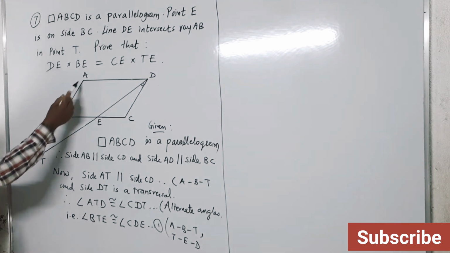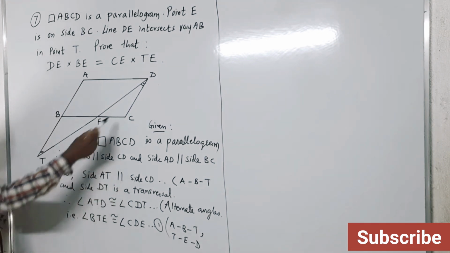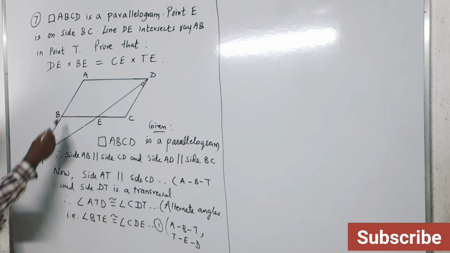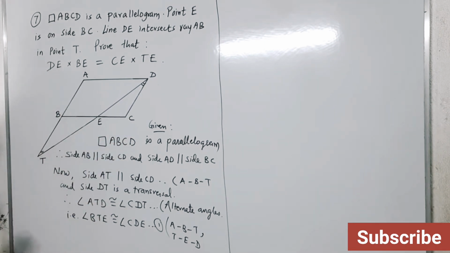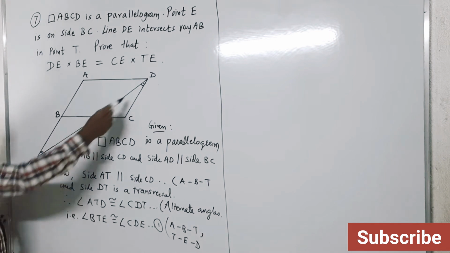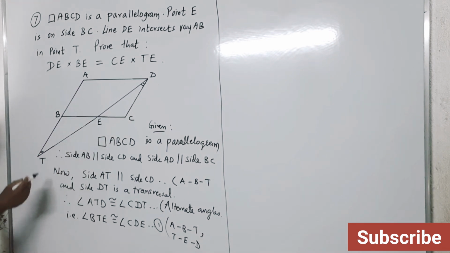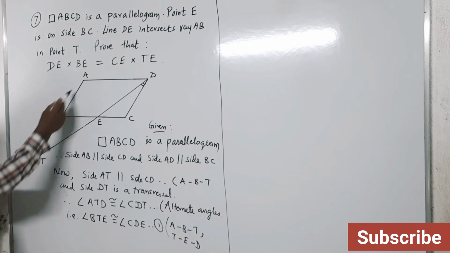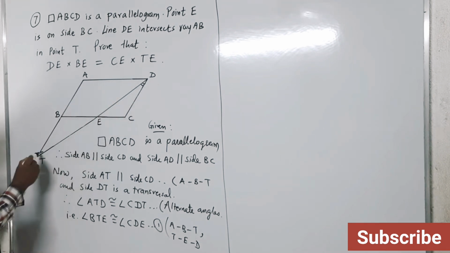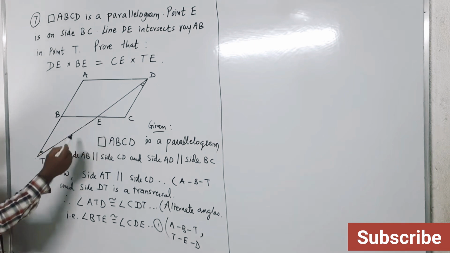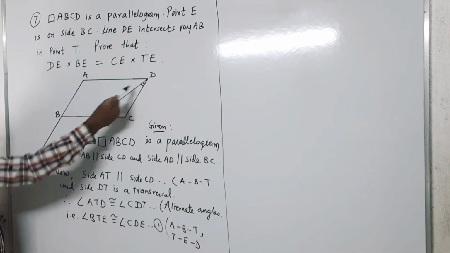Now also here side AT is parallel to side DC, since A-B-T, and segment DT is the transversal, hence the alternate angles, angle ATD is congruent to angle CDT.